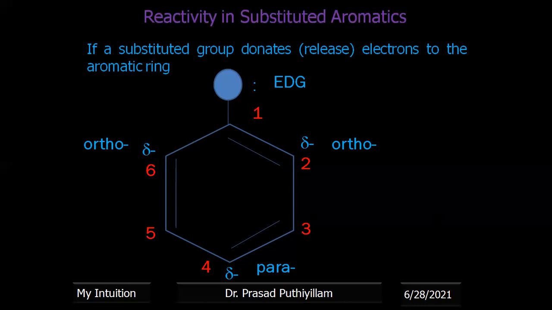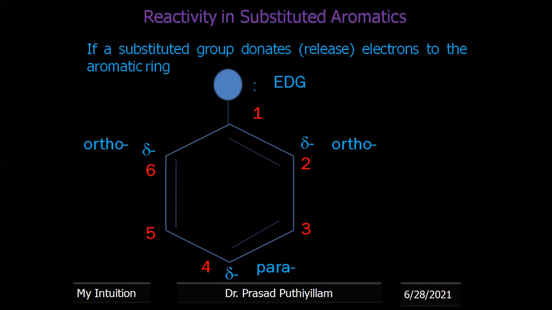If any other substituent is present, the counting should go in the direction that gives the substituents the least numbers taken together. That I will explain in another class; I think I already explained in one of my video classes how to number the substituents. So this is the numbering as well as the naming for the different positions: ortho and para positions, and positions 3 and 5 we call meta positions.